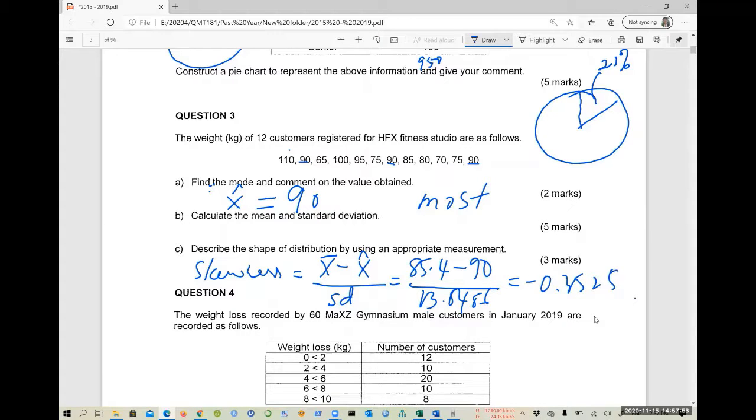So this is less than 0, right? The value here is less than 0. That means the shape of the distribution for your data will be left skewed or negatively skewed. Okay, any questions on that?